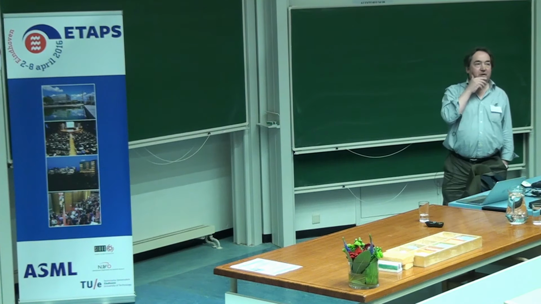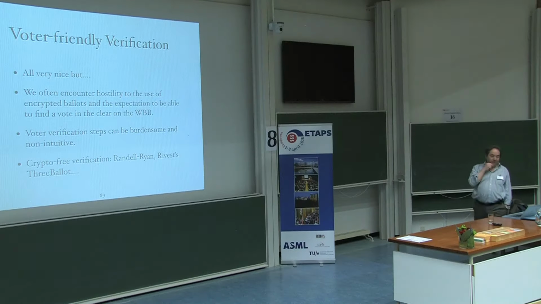Okay, well, let me very quickly try and wind up with one last thing, which I promised. This is a new scheme that I've been working on for the last year or so, called Selene. All I've been describing here is very nice, at least from a theoretical point of view. Hopefully I've convinced you that these systems have some nice properties of voter verification, coercion resistance, and so on.